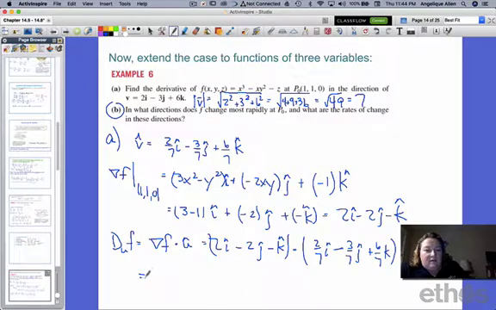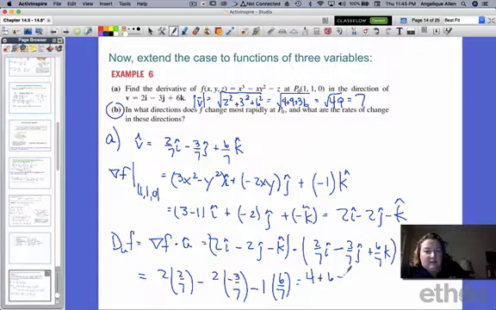And now the dot product: 2 times 2/7, minus 2 times negative 3/7, minus 1 times 6/7. All right, so we got 4 plus 6 minus 6 over 7, or 4/7.